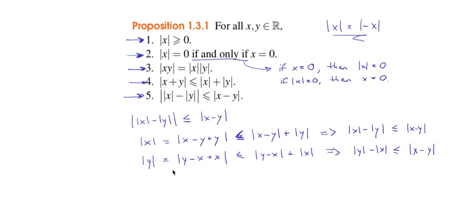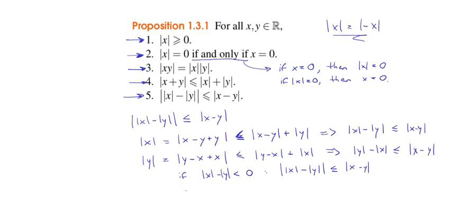So if |x| − |y| is smaller than 0, then the absolute value of this is going to be this, but this is smaller than this.